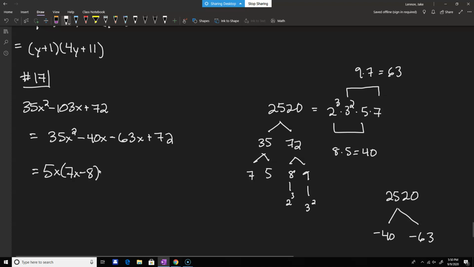And we want it to be 7x minus 8 so it matches. So what we want to do is we just want to take out a minus 9 instead. So let's factor out a minus 9, and then we'll actually get 7x minus 8. And so then we get 5x minus 9 times 7x minus 8. And that's our factorization.